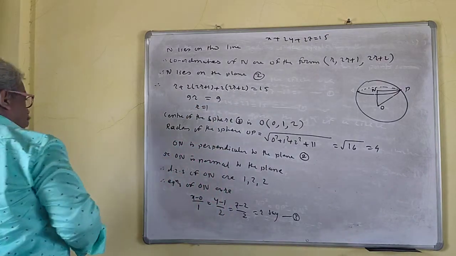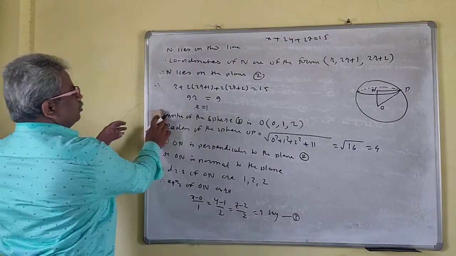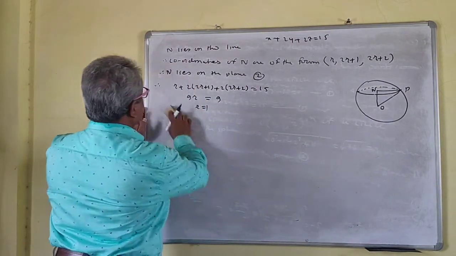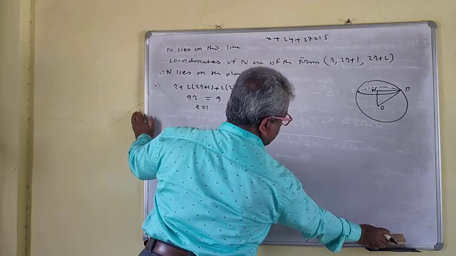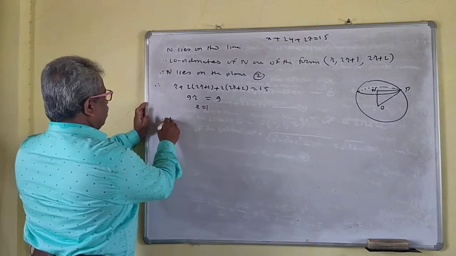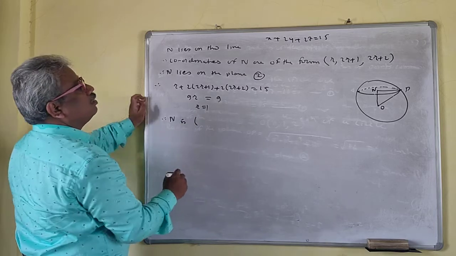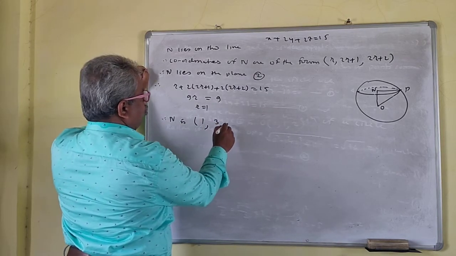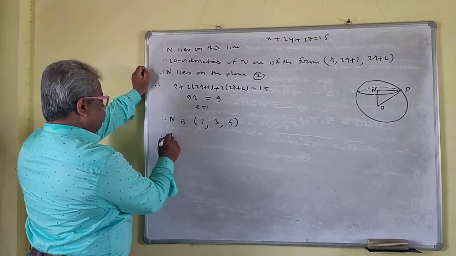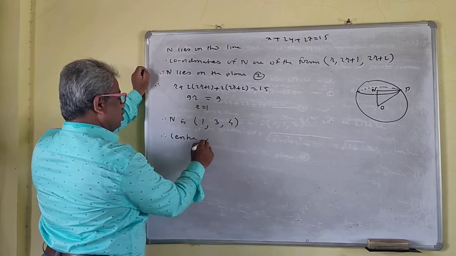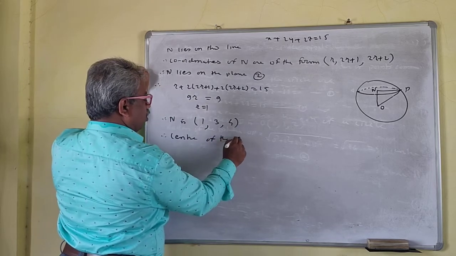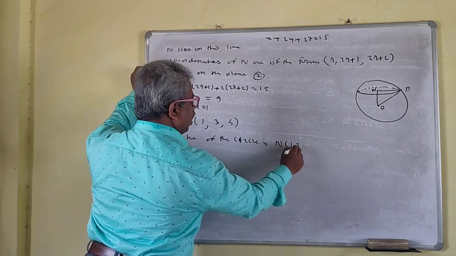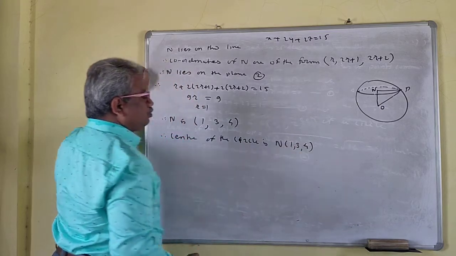You got r is equal to 1. So therefore N is 1, 3, 4. Okay. So therefore the center of the circle is N, 1, 3, 4.